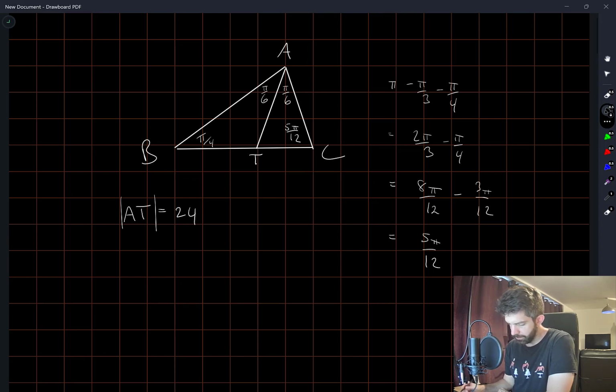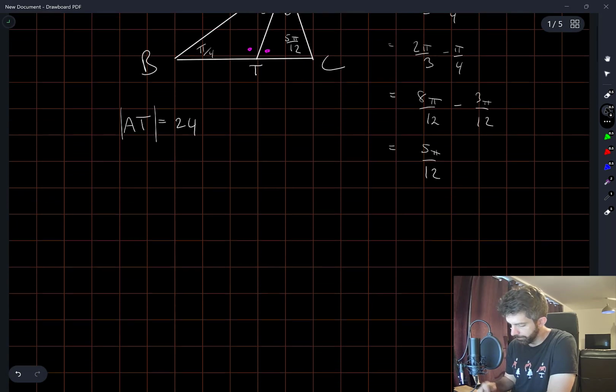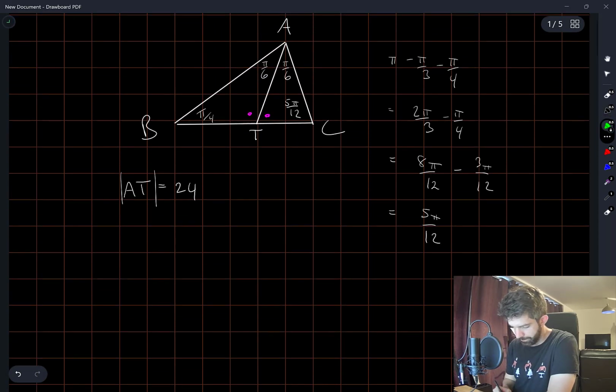I haven't drawn it well, but I believe both of these angles are in fact right angles. I've not drawn this diagram to scale at all. But oh, no, I lied.